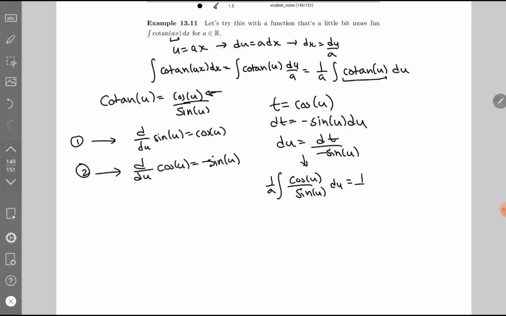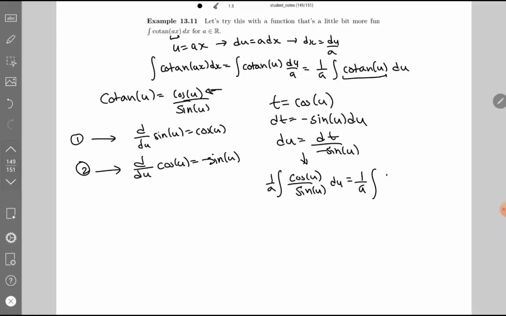When I plug in, I get t on top, right? Cosine of u becomes t, sine of u, and now my du becomes this. But here I multiply t dt over minus sine squared u. I've now made my problem worse, right? I still have a u and a t.